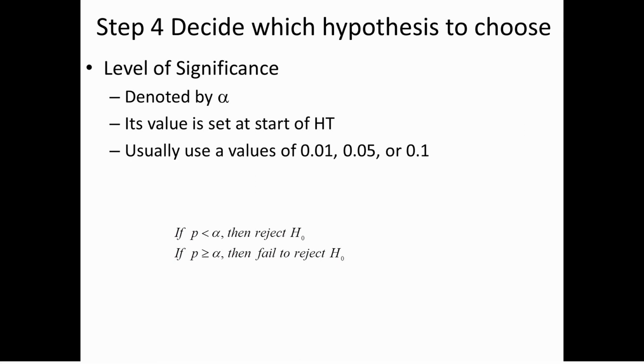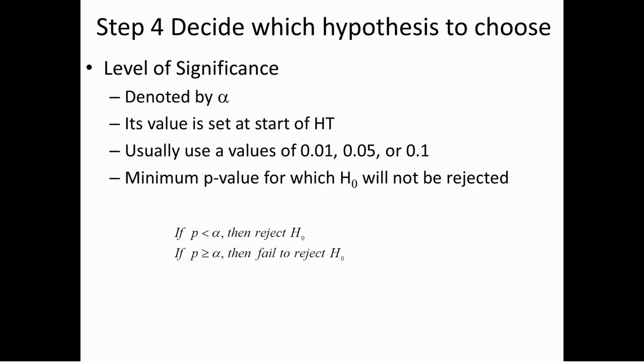We generally use three values for alpha: 0.01, 0.05, or 0.1. One way we can think about alpha is as the minimum p-value for which the null hypothesis will not be rejected. It's the smallest p-value for which we will not reject H naught.